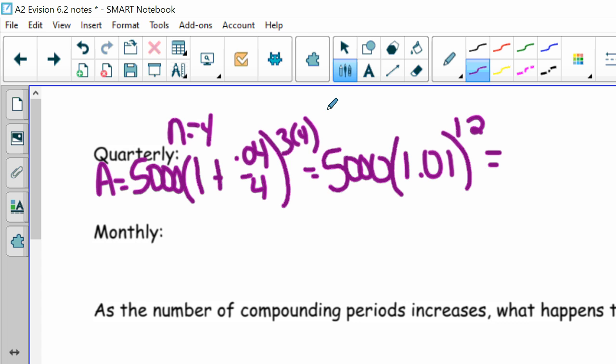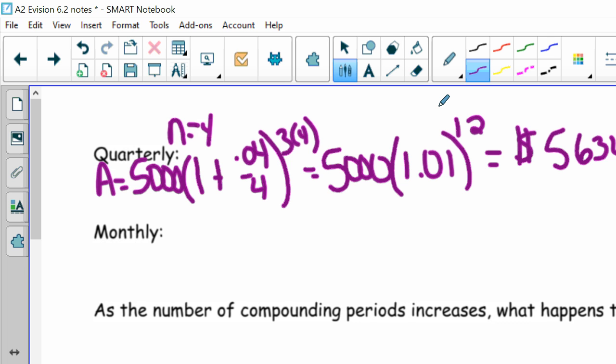So we plug in 1.01 to the 12th power, multiply that by 5,000, and we end up with $5,634.13. So if they compound it quarterly, we made $634.13 in interest in 3 years.